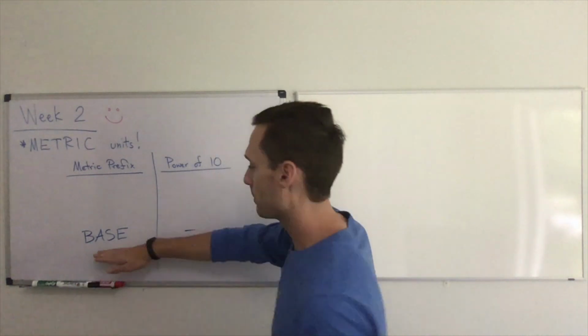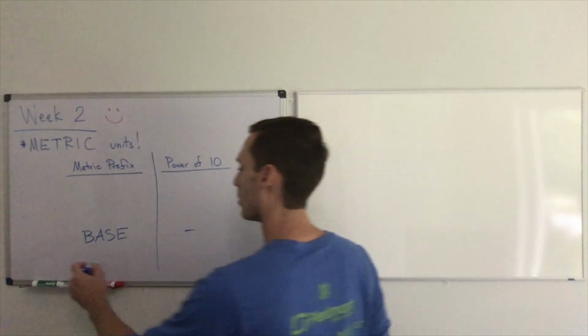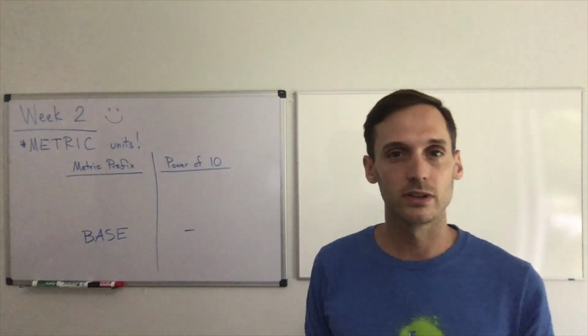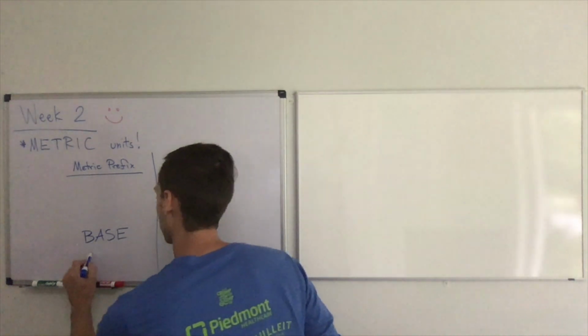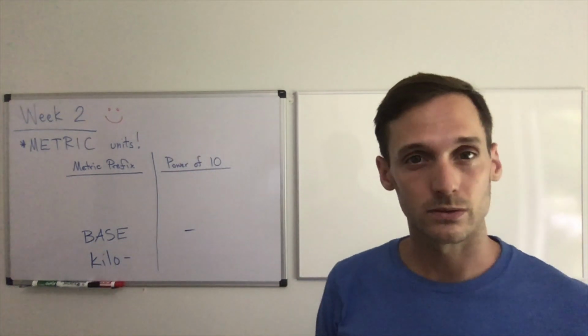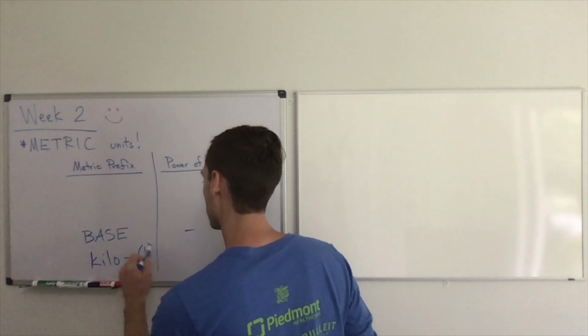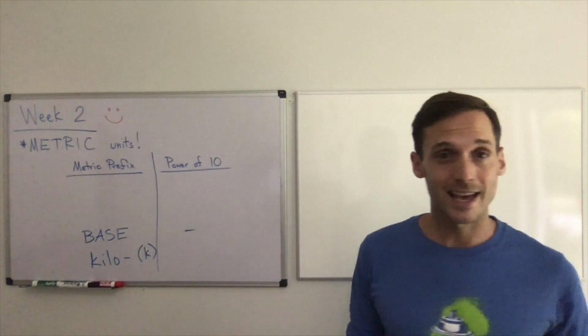So the first one, I'm going to put big ones below the base and small ones above the base. The only one that I want you to know for the summer that's bigger than the base is kilo, okay? And the abbreviation for kilo, I'm sure you already know, is just a lowercase k.